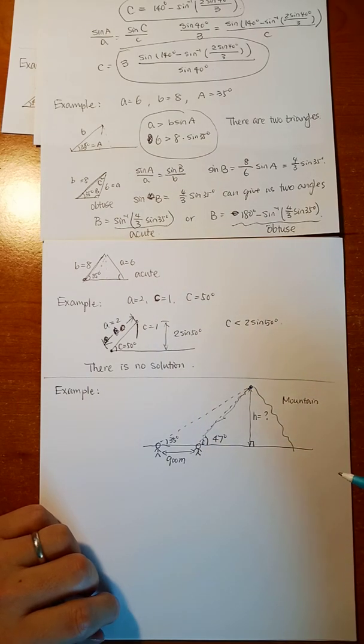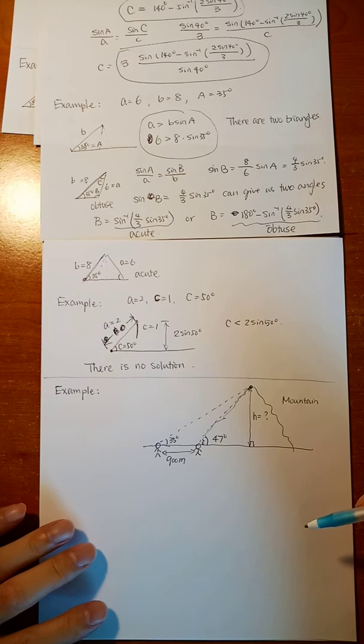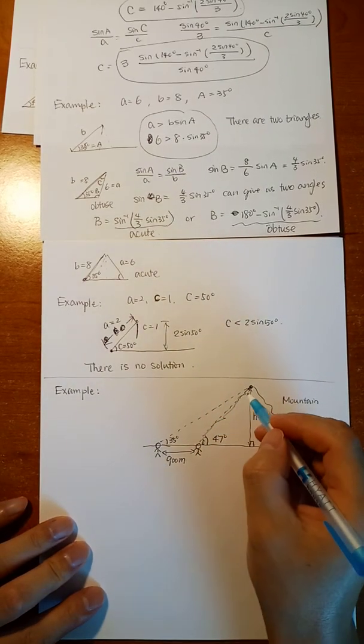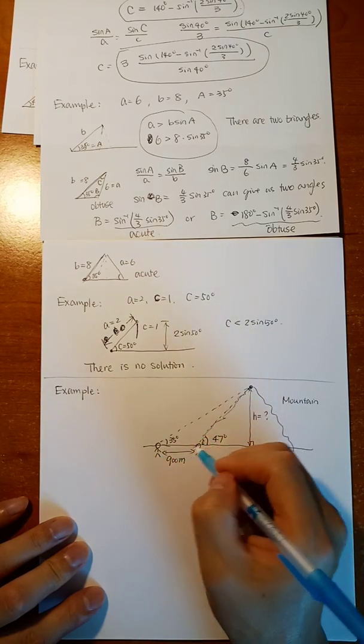What is the height of the mountain? All right, now let's try to understand it. So we have an obtuse triangle, this one.